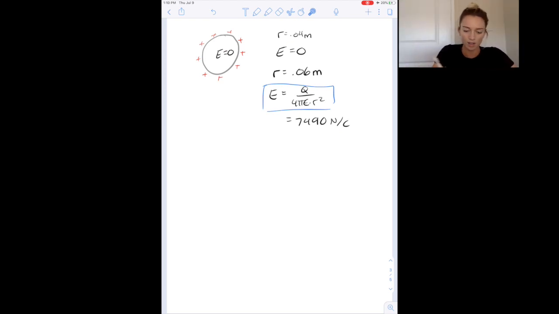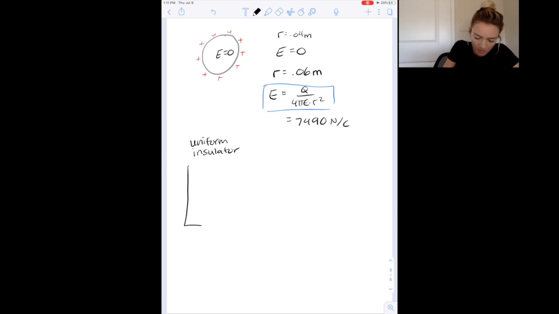Now I just want to draw a plot of this. So when we had the solid uniform insulator, our electric field looked like this, where this was proportional to r, and this was proportional to 1 over r squared.